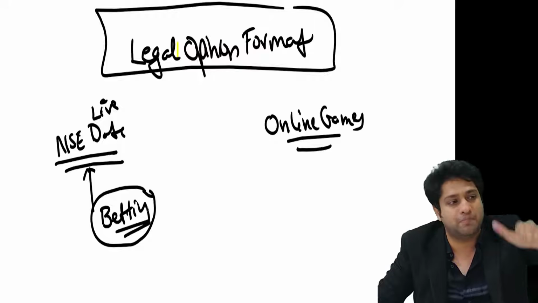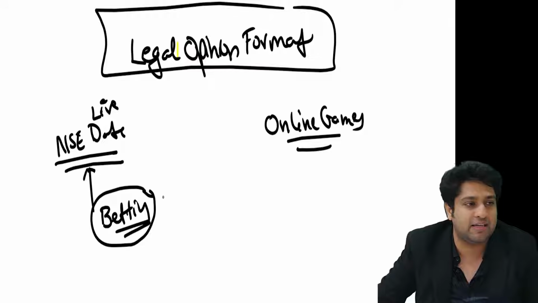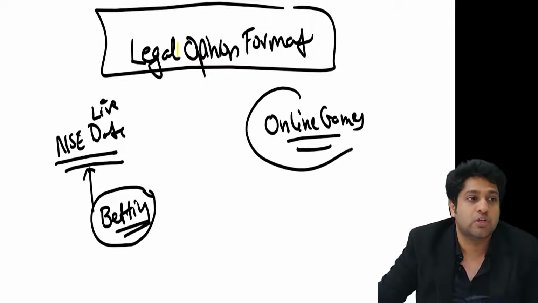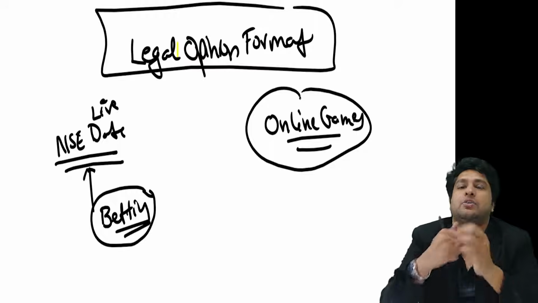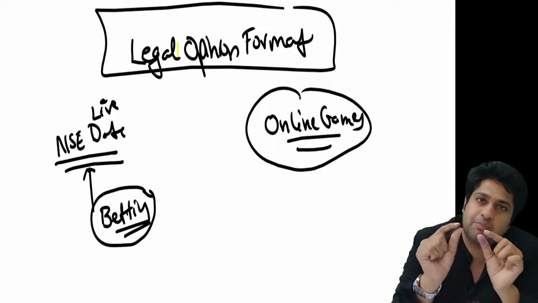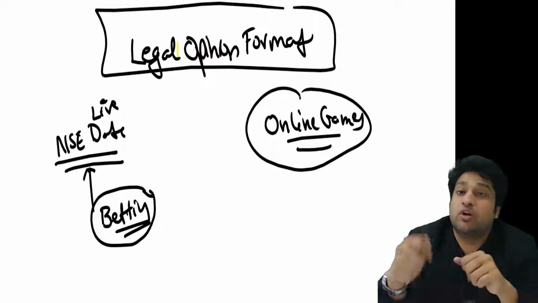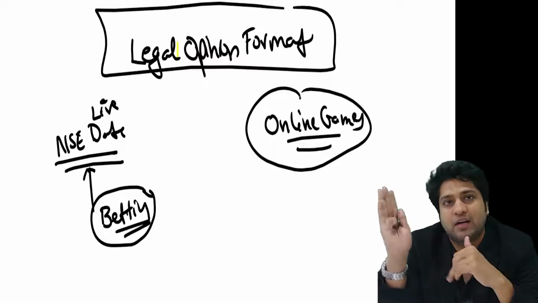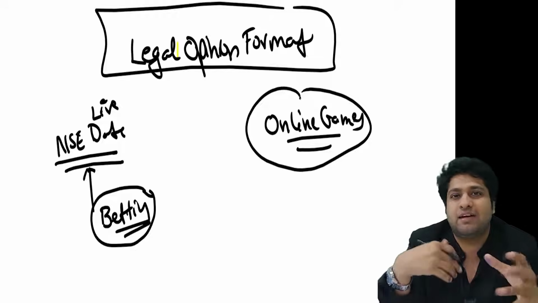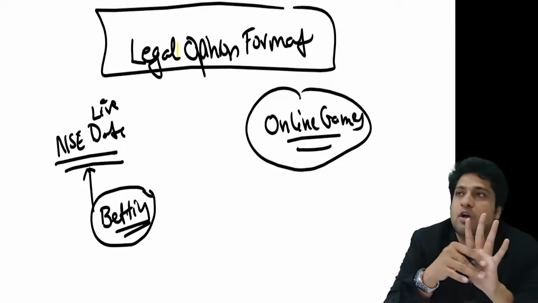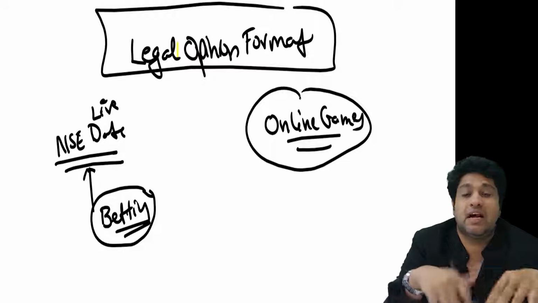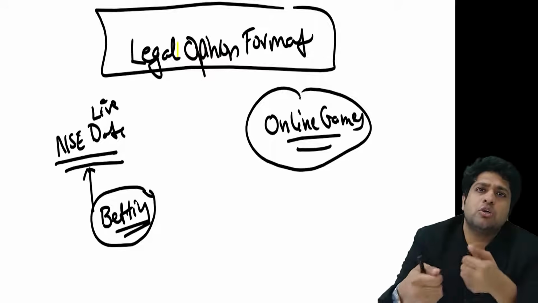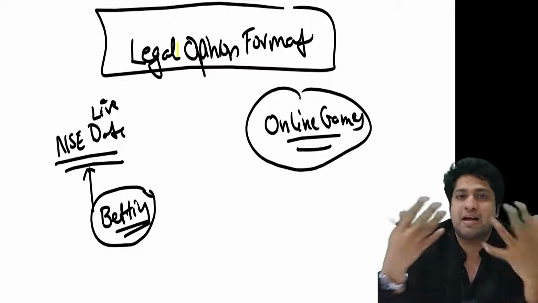Only on that data, they have betting and games. The price points will be very less, so you don't really have to buy Reliance to win. For example, this IPO will succeed, that IPO will go up. A game will be made on it and betting will be done.